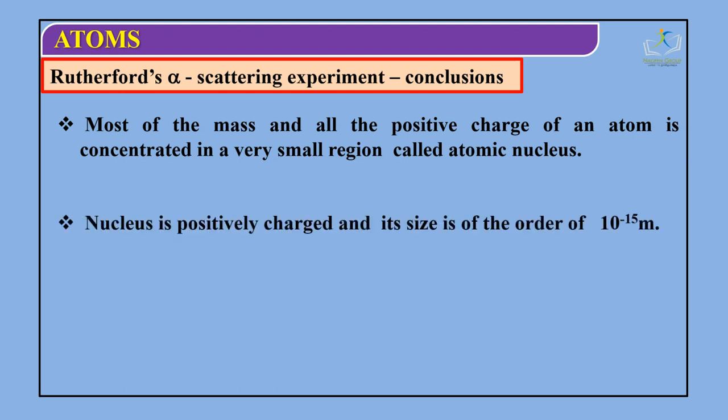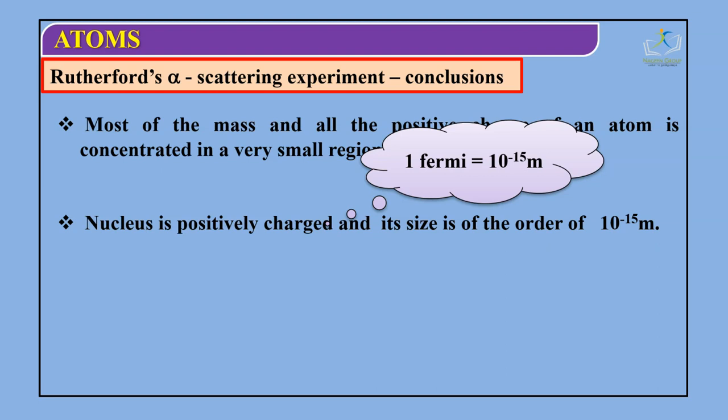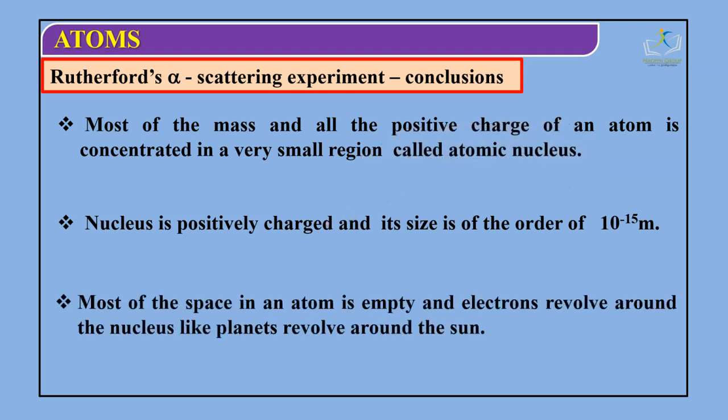The nucleus is positively charged and its size is in the order of 10 to the power minus 15 meter. 1 Fermi is equal to 10 to the power minus 15 meter. Most of the space in an atom is empty and electrons revolve around the nucleus like planets revolving around the sun.